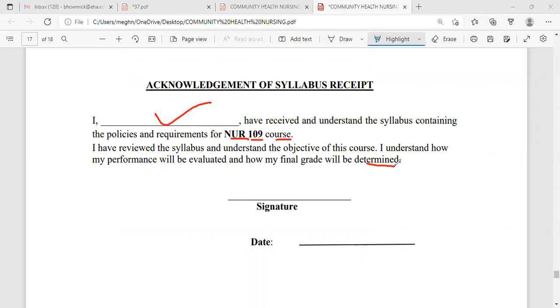If you read, if you understand, if you accept, if you allow, then you can sign here and put your date, and you can email us.